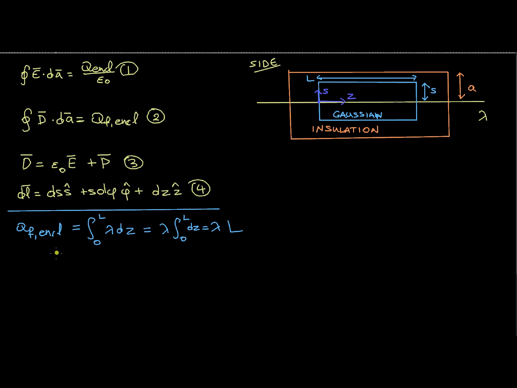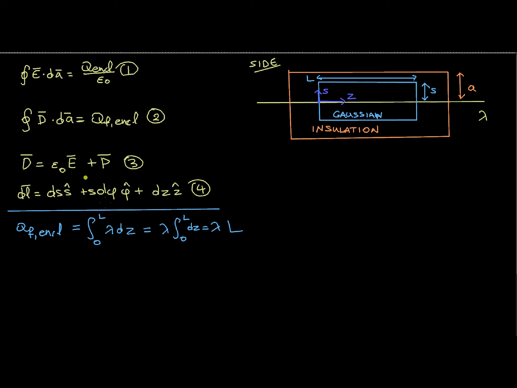Now, working with equation 2, the right side is just the enclosed free charges. I did not have to worry about the induced dipoles. My Gaussian surface does include part of the insulator, but I don't have to worry about those dipoles because equation 2 is only talking about the free charges.